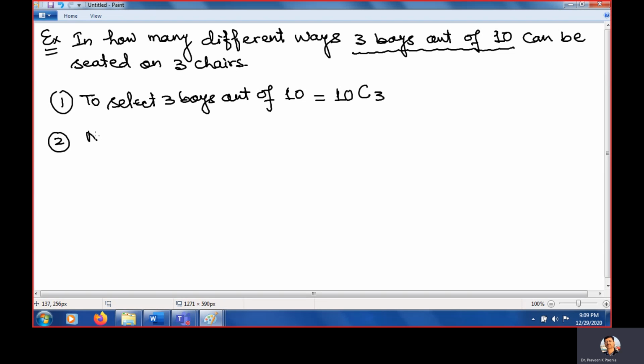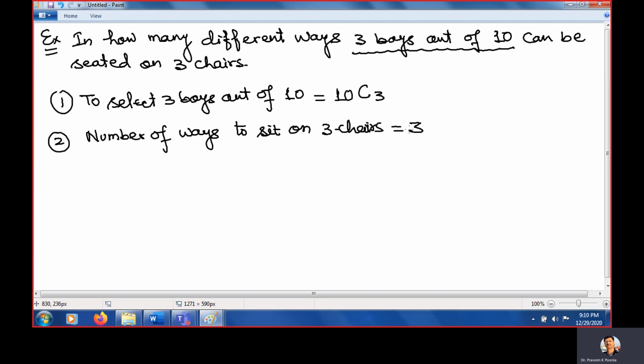Number of ways to sit on 3 chairs. So if you can see, we are choosing 3 boys, making a group of 3.